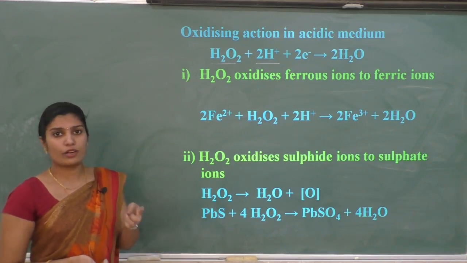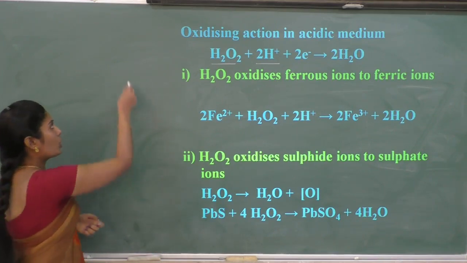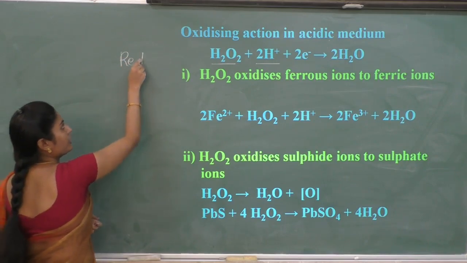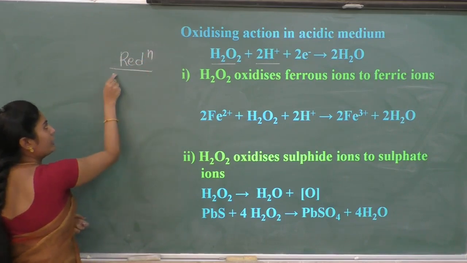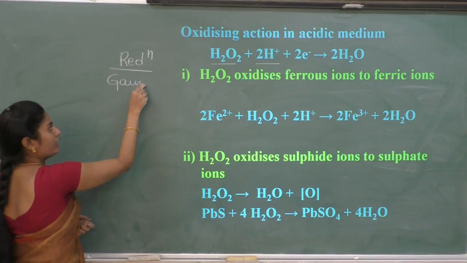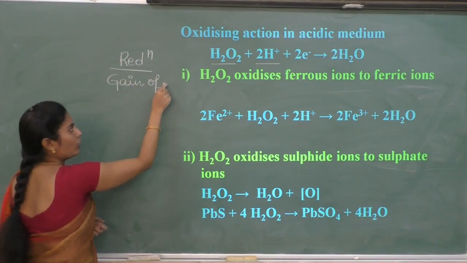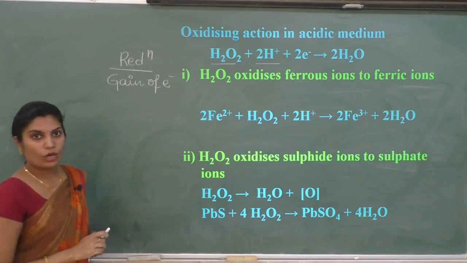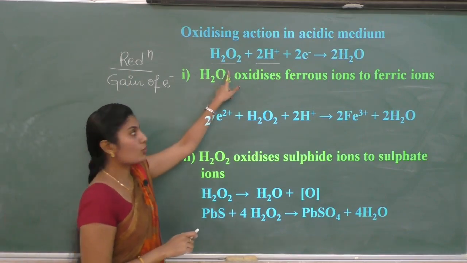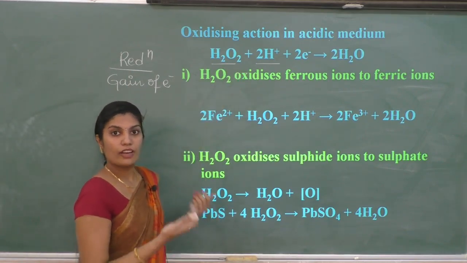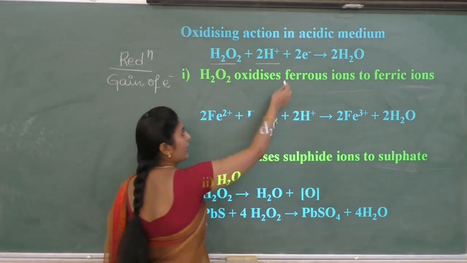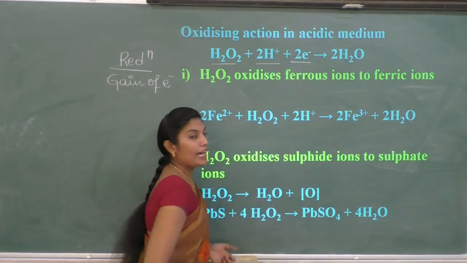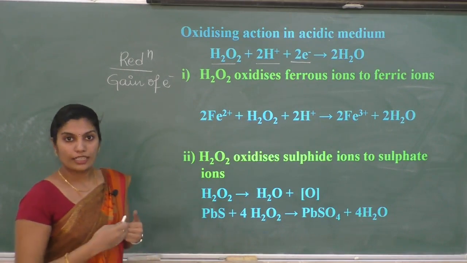Reduction in terms of electrons, what do you mean by reduction in terms of electrons? Reduction is nothing but gain of electron or addition of electron, isn't it? This H2O2 in the presence of acid will gain electrons and itself undergo reduction.